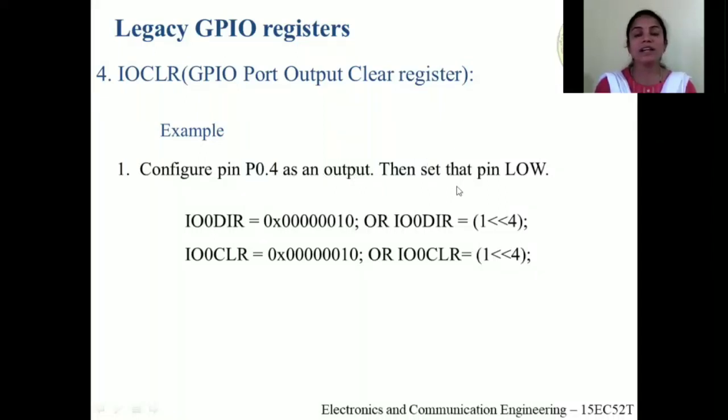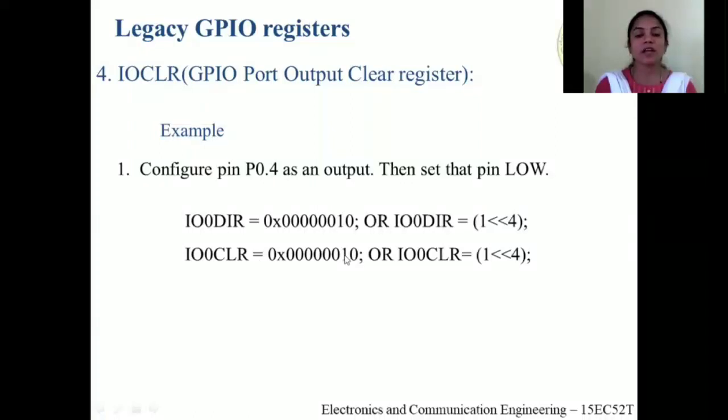Then we have to set logical 0 on port pin 0.4. For that we have to use the IO0CLR register to clear the value on port 0.4, on the fourth bit of the IO0CLR register.